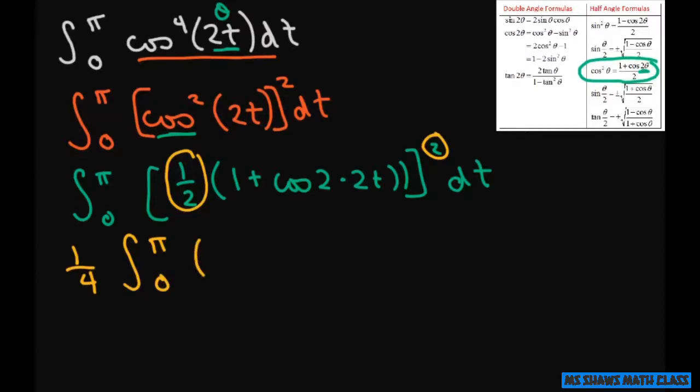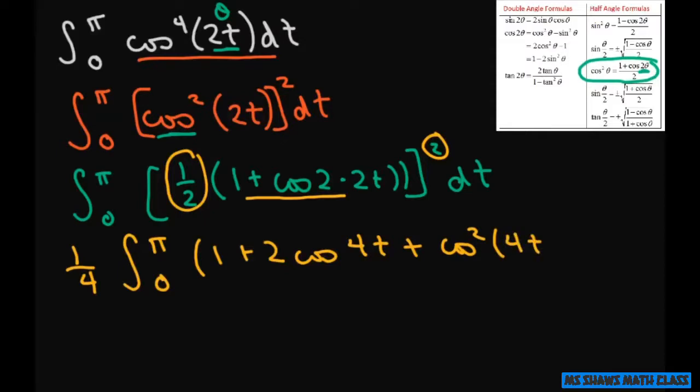And then when you square this, you're going to have 1 plus 2 cosine 4t plus cosine squared 4t, dt. So that's just using your a plus b squared formula. This is like your a plus b squared.